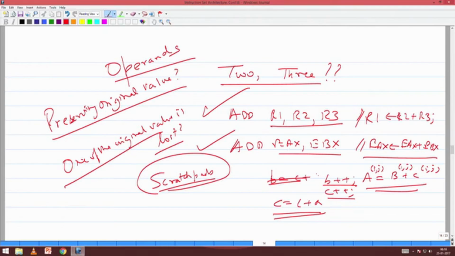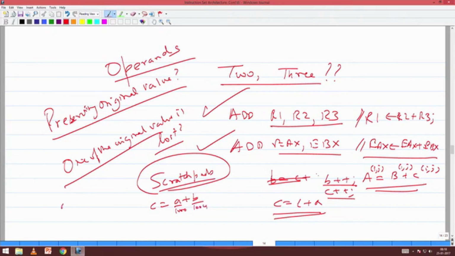When I say C equal to A plus B, both A and B are in memory. So I have to go and fetch them from memory and then add them. The easiest thing is, let A be stored at 1000 and B at 1004.